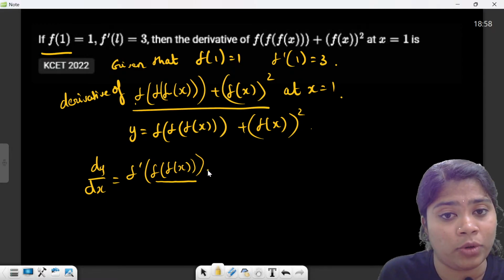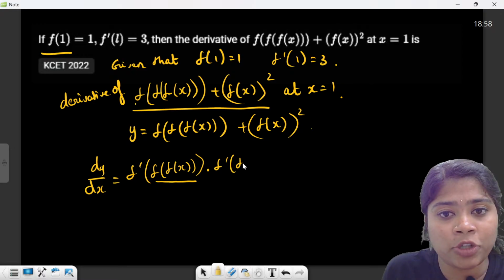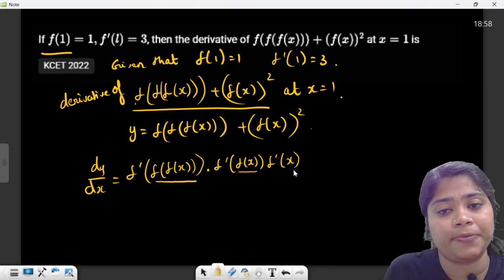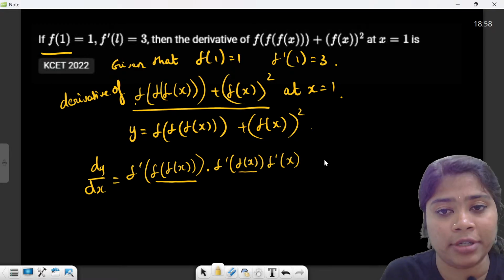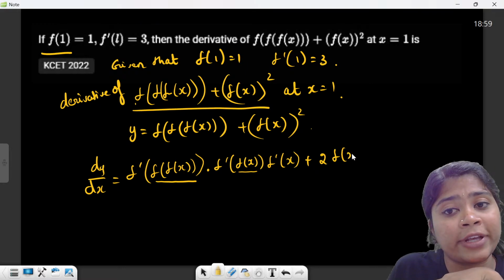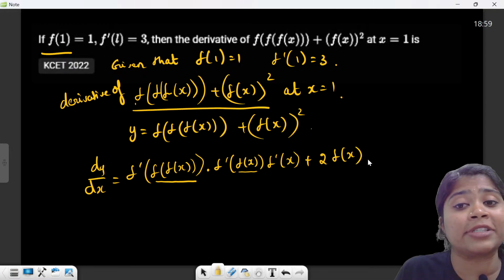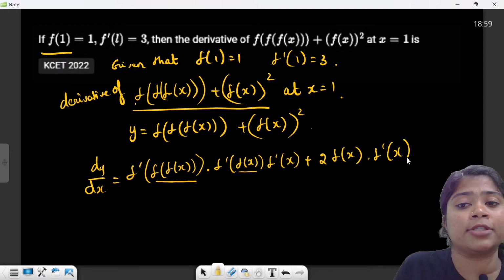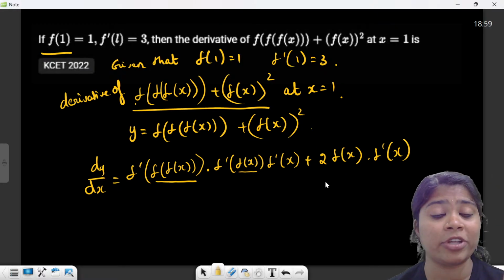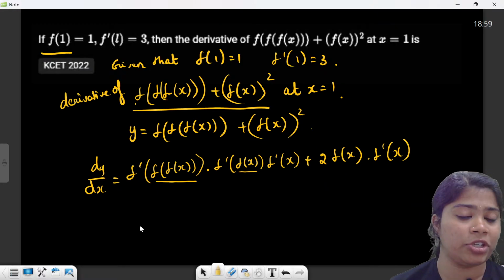We are using the chain rule, so again I want to differentiate this. Plus, here we differentiate 2 into f of x, so now f of x has to be differentiated, f dash of x. So here I used the chain rule. If you are very clear with the chain rule, you can do this question.